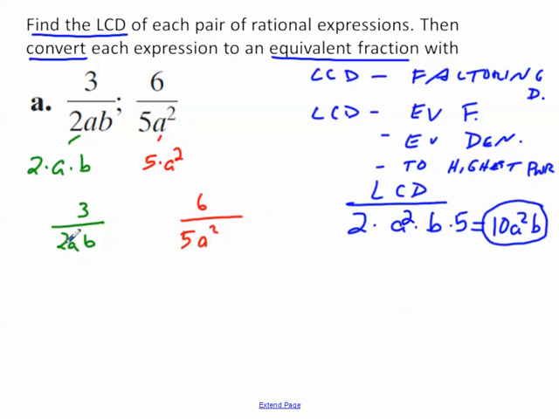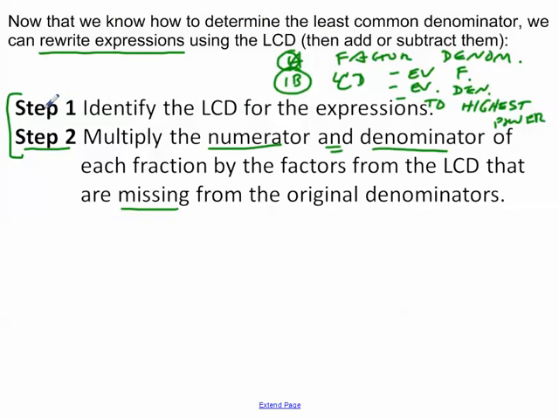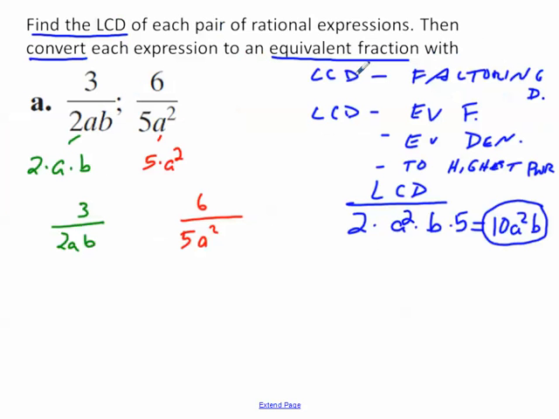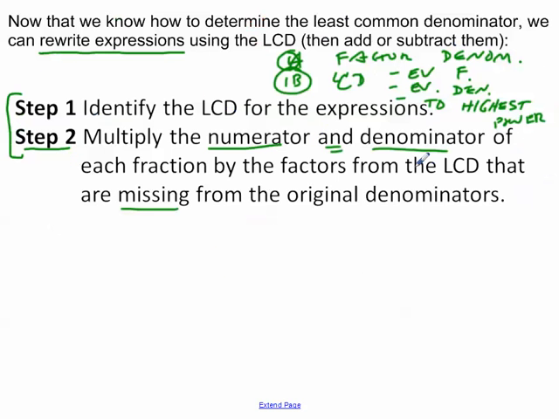And now I'm going to multiply by what's missing in my denominator. Here are the steps to rewriting expressions. Number 1, identify the lowest common denominator. Well, we did that already. Factor and then list every factor from every denominator, raised to the highest power. We've done that. Now step 2 is multiply the numerator and denominator by what's missing in the denominator.